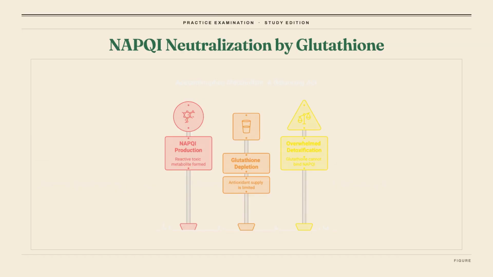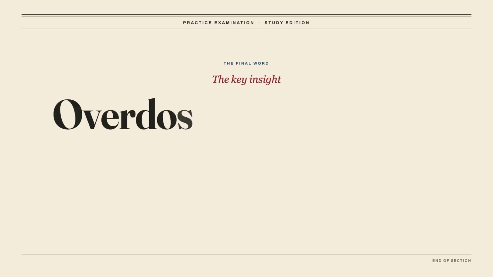Glutathione, an antioxidant stored in liver cells, binds NAPQI the instant it forms, converting it into harmless compounds excreted in urine. At normal doses, the small trickle of NAPQI is neutralized as fast as it's produced, so the system isn't avoiding the toxic metabolite. It's continuously making and disposing of it.